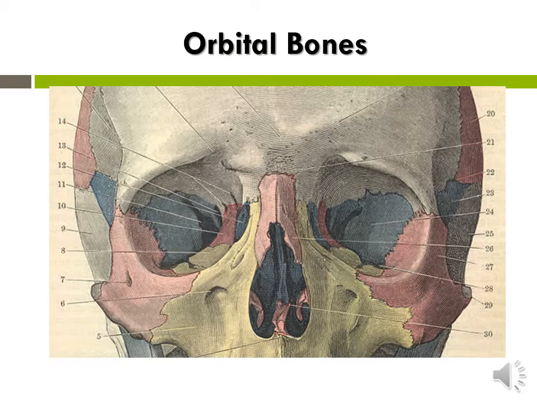Alright, in this slide we'll be learning about the bones of the orbit. We already discussed that this space is made up of bones, or surrounded by bones. You can see the orbit here, and you can always see these sutures.